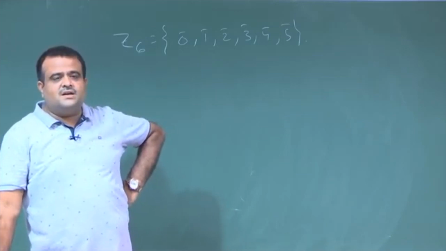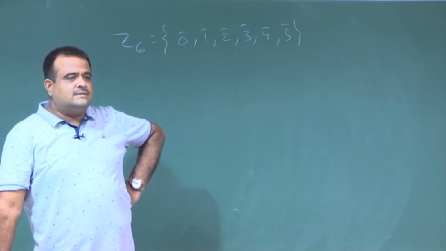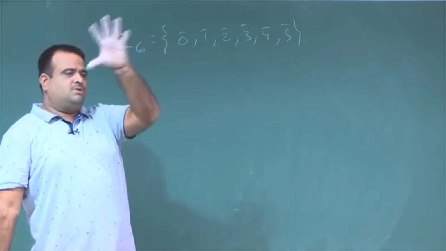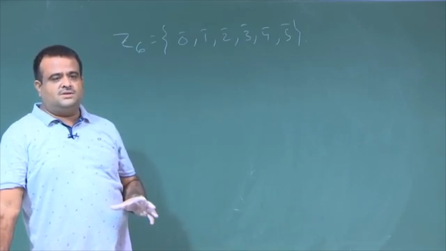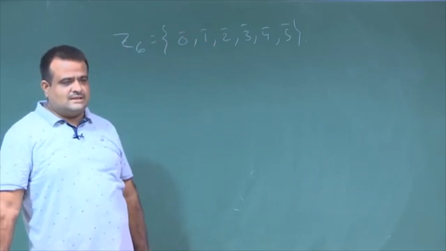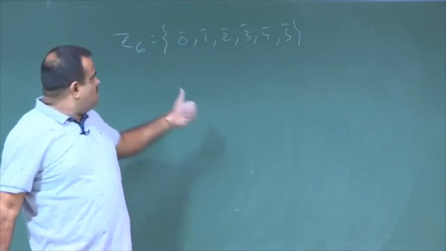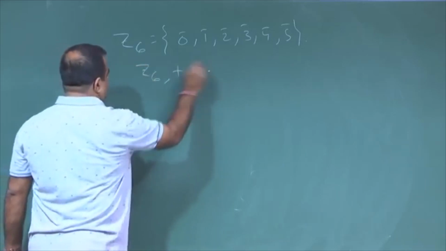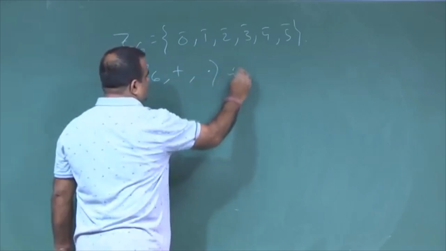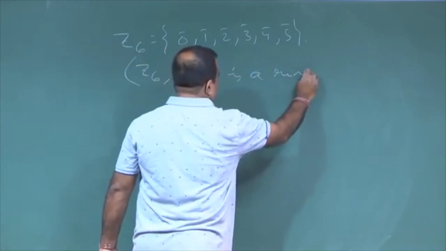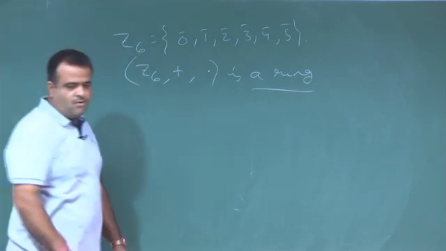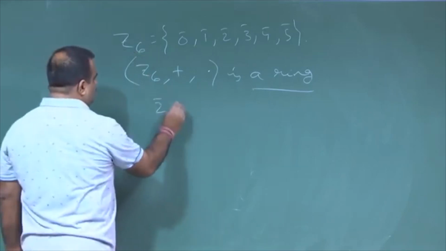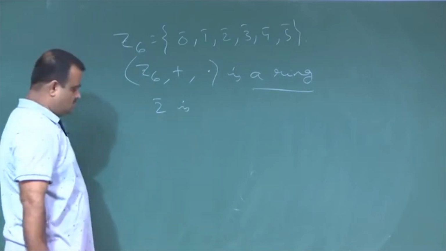If you take any integer and divide it by 6, then the remainder will be one of these, so it partitions the set of integers into 6 classes. And we know that Z6 along with these two operators is a ring. Now, we can say 2 is a divisor of 0.